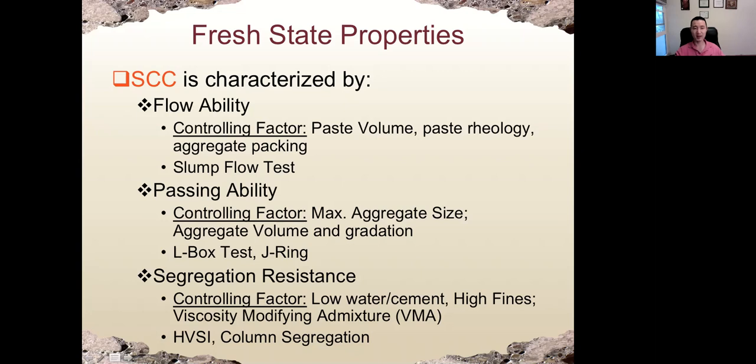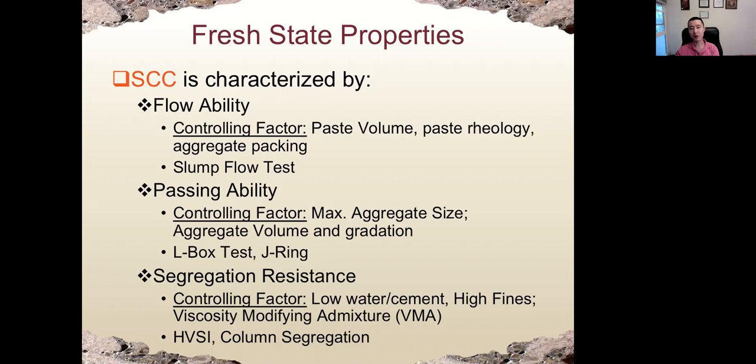For passing ability, again, passing ability is defined as how well the concrete can pass through the reinforcement without blockage by coarse aggregate. The controlling factors include the maximum size of coarse aggregate. The larger the coarse aggregate, the easier for the aggregate to be blocked behind the reinforcement.